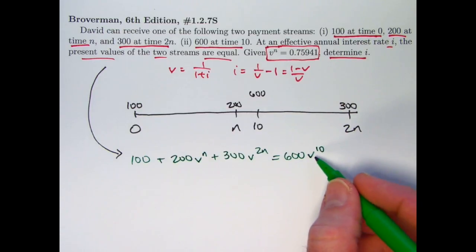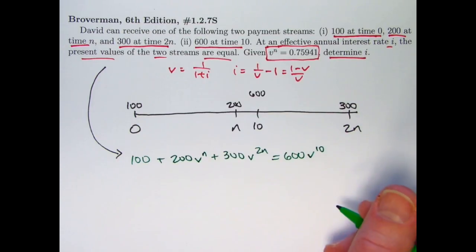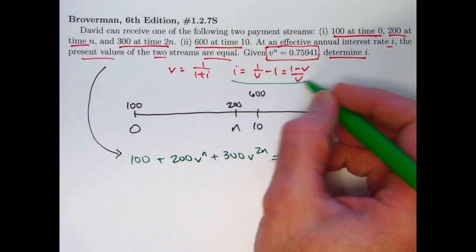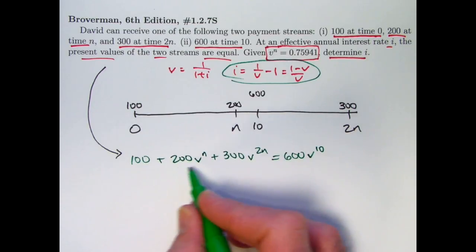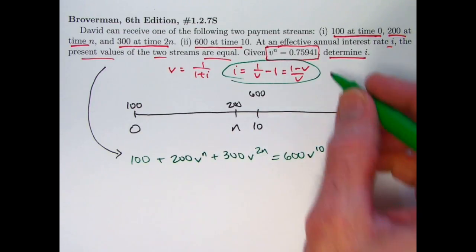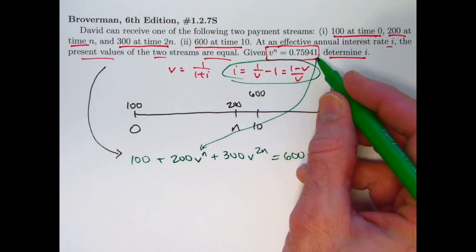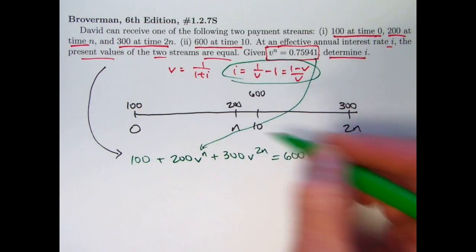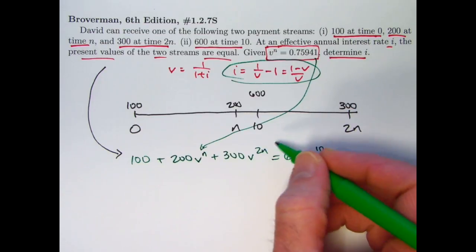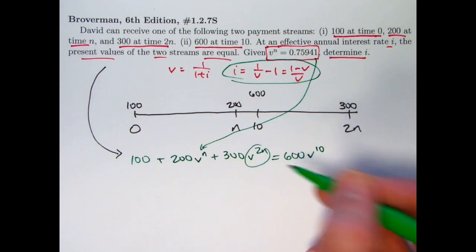I want to know I. If I can find v, that'll help me find I with this equation up here. These quantities over here on the left, I can calculate based on what I'm given. I'm given that v to the n is 0.75941. I can put that in there, and I can square it, since v to the n squared is the same as v to the 2n.